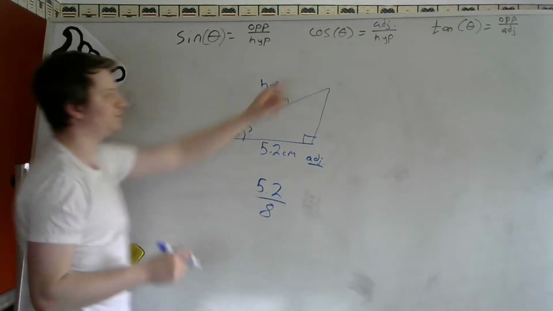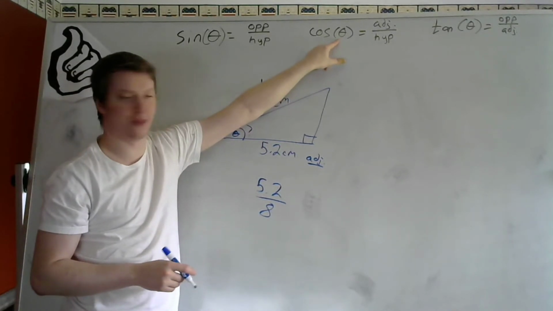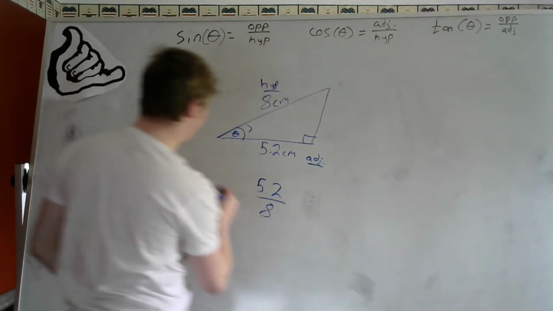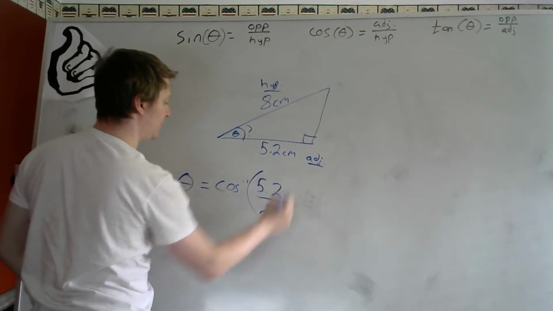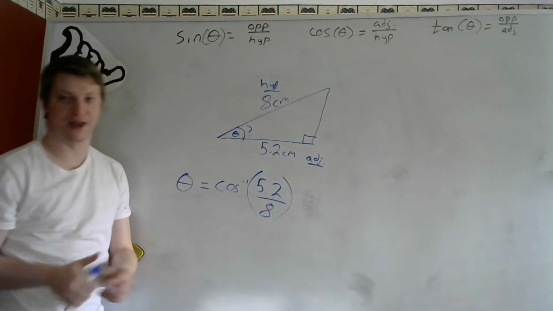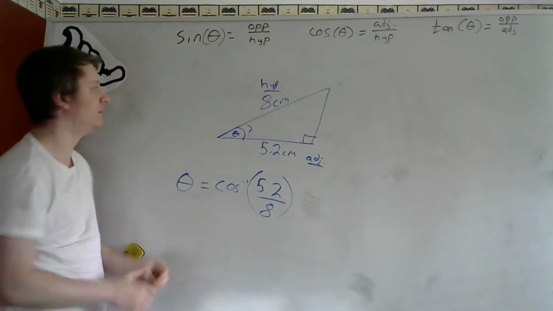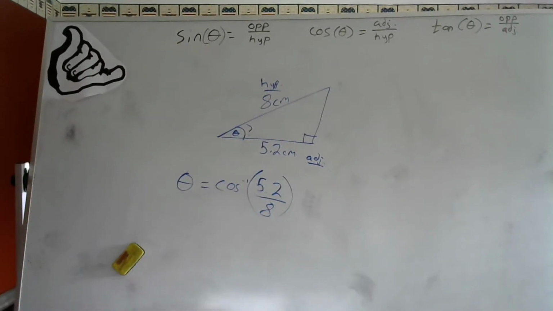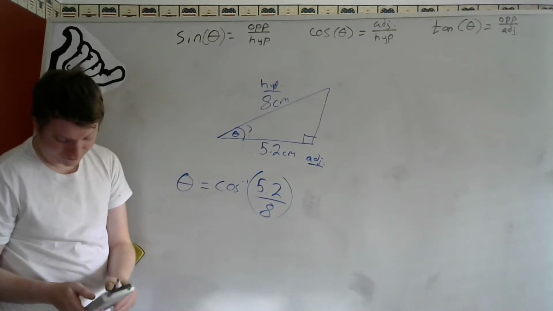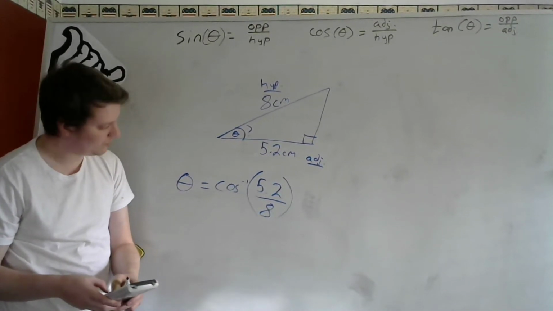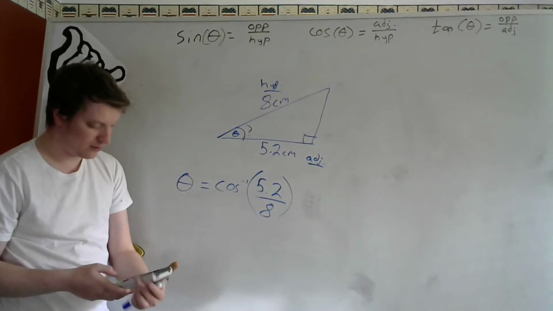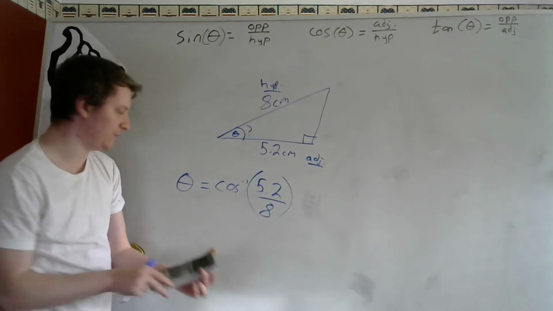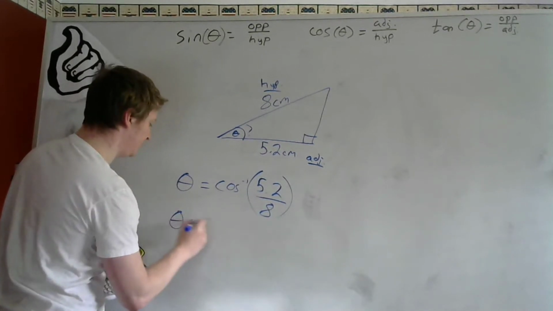I want to do the cosine inverse to get the theta out of this. So theta is going to be equal to the cosine inverse of that ratio. And if we do this, 5.2 divided by 8, I'm coming up with 49.46 degrees.